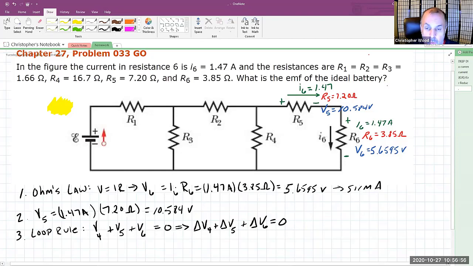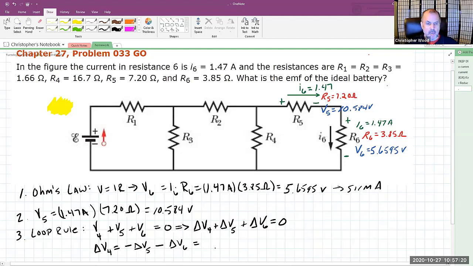All right, so you know what that means. Let's do this. So the voltage, I guess I'll do it like this. This may be pretty good. My voltage change across R4 is going to equal the negative of the voltage change across R5 minus delta V6.